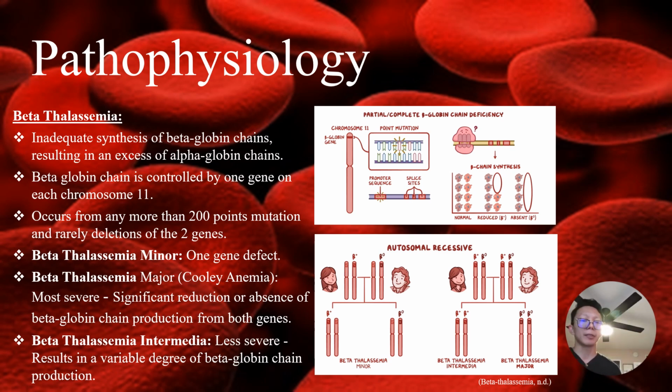Thalassemia signs and symptoms may include fatigue, weakness, decreased stamina, and sometimes changes in skin color. Usually, a patient or an individual with thalassemia disorder may appear pale or jaundiced in color. Now, this is mainly due to the decreased production of red blood cells.